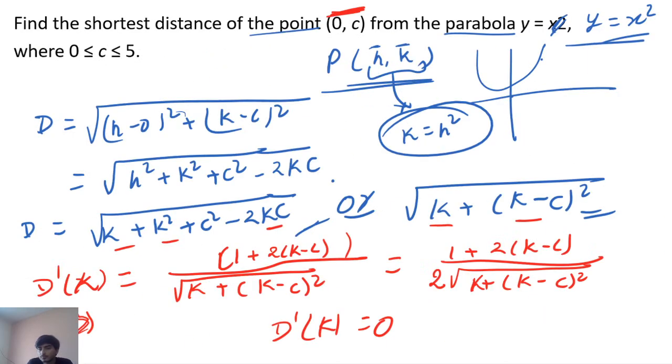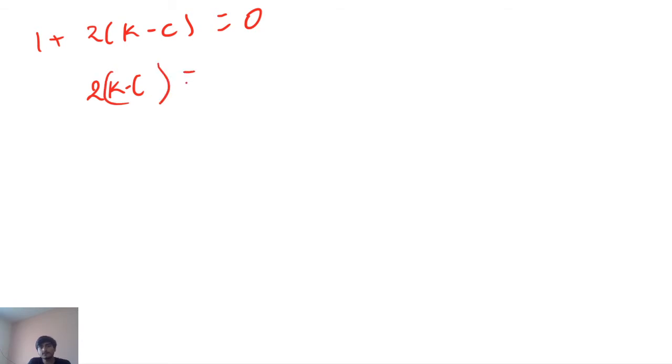Okay, so from here, 1 plus 2(k minus c) is equal to 0. So what we got? 2(k minus c) is equal to minus 1, right? So k minus c is equal to minus 1 by 2.